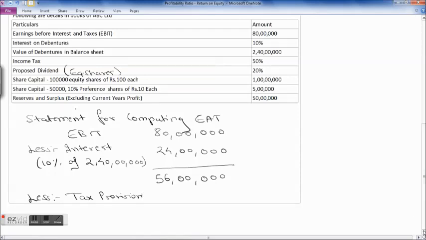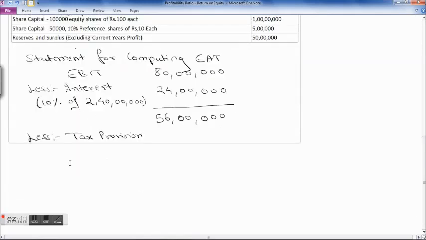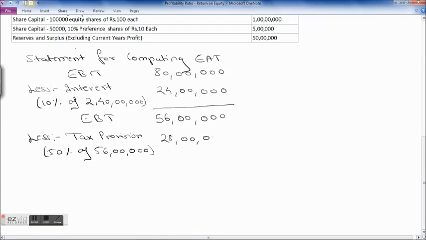So tax provision 50% of your earning before tax, that is 56 lakhs. So that comes to how much? 28 lakhs, right? So now earning after tax is 28 lakhs.